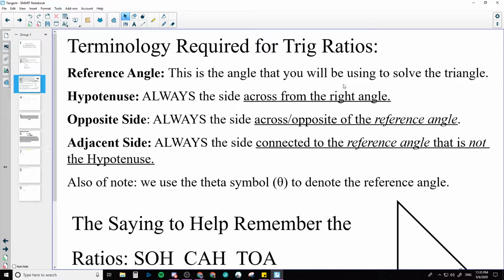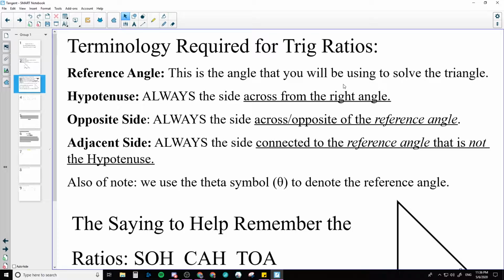The hypotenuse, as we talked about in the last video, is the side that is across from the right angle. The opposite side is always the side that is across or opposite of the reference angle, not the right angle. This time it's the reference angle. And the adjacent side is always the side that's connected to the reference angle that is not the hypotenuse.